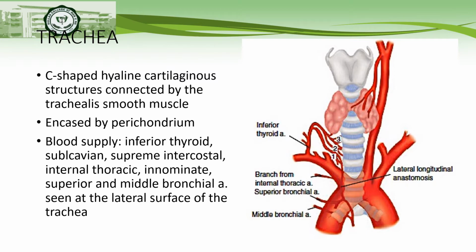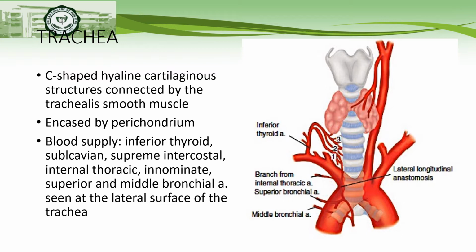Bronchoscopically, the tracheal rings are visible as C-shaped hyaline cartilaginous structures that provide rigidity to the anterior and lateral tracheal walls. The open ends are connected by the trachealis smooth muscle and are covered in a dense band of connective tissue called the perichondrium.